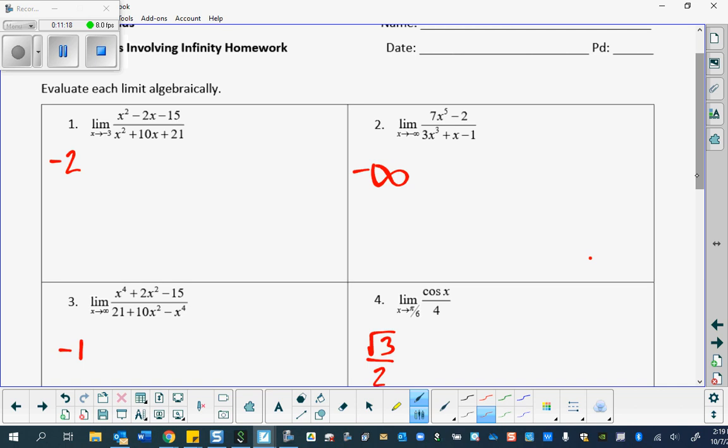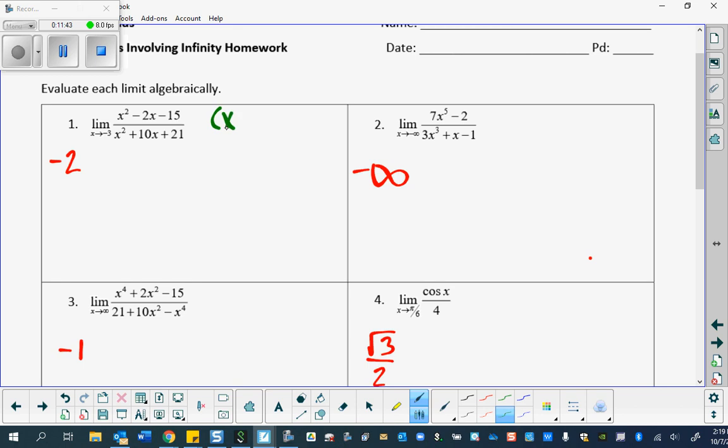All right. So rule number one here, plug it in. If you put -3 in here, does it give you something that you need to mess with? If it does, what's your first thing that you're going to do? If you end up with 0 over 0, or infinity over infinity, go and see if you can mess with it.